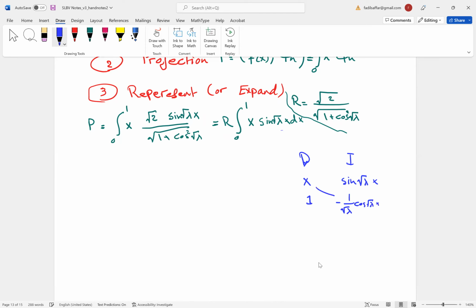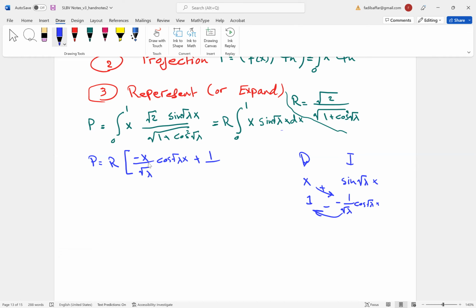And then the projection becomes r multiplied by x, and we have a negative here, divided by square root of lambda times cosine square root of lambda x, plus, now we need to carry out the integration of this one here, and that would be 1 over, negative and negative positive.